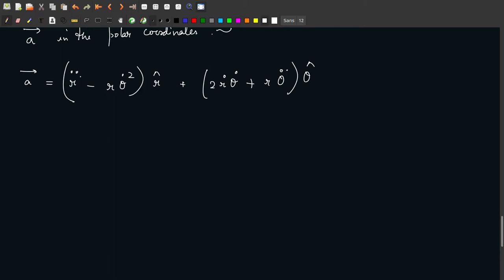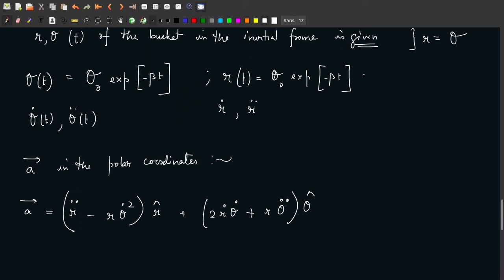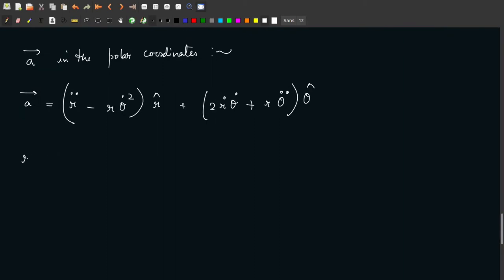These quantities like r double dot, theta dot, and r, as well as r dot, theta dot, r, and theta double dot, can be calculated from the given time dependence of both r as well as theta. So this is the acceleration in polar coordinates, right?